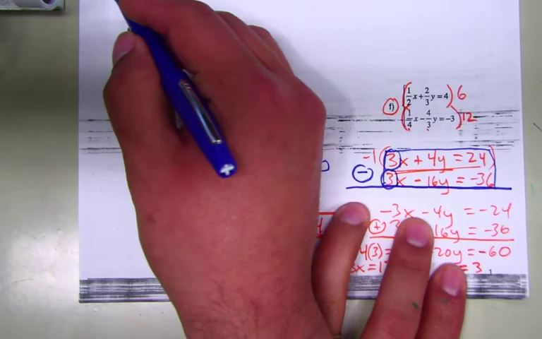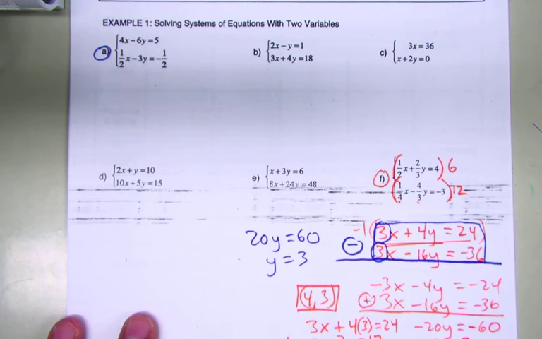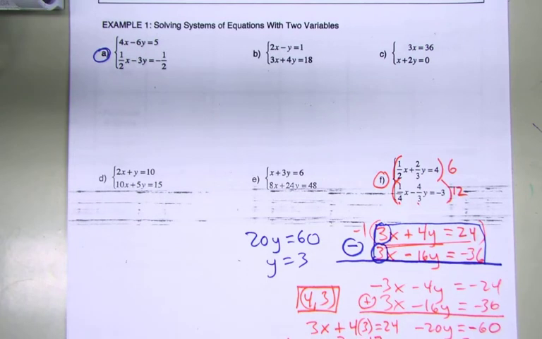All right, why don't you guys try A on your own real quick, and then we'll pick a lucky volunteer to walk us through it.